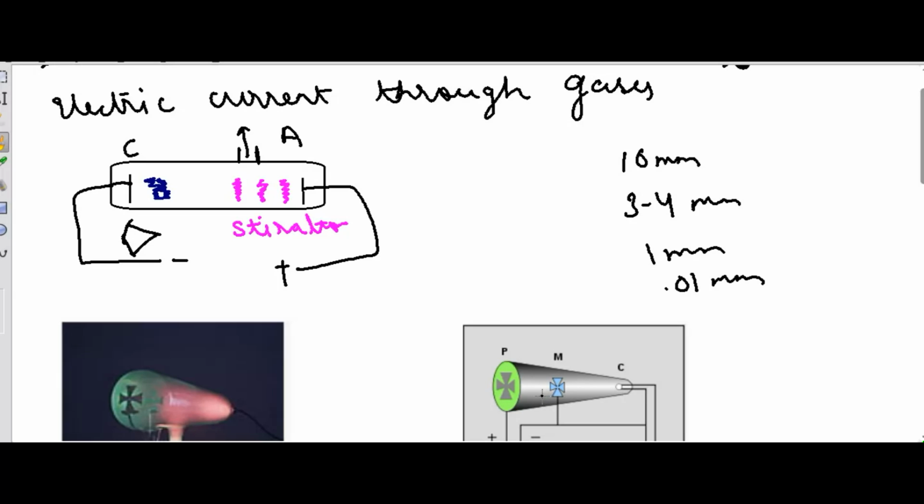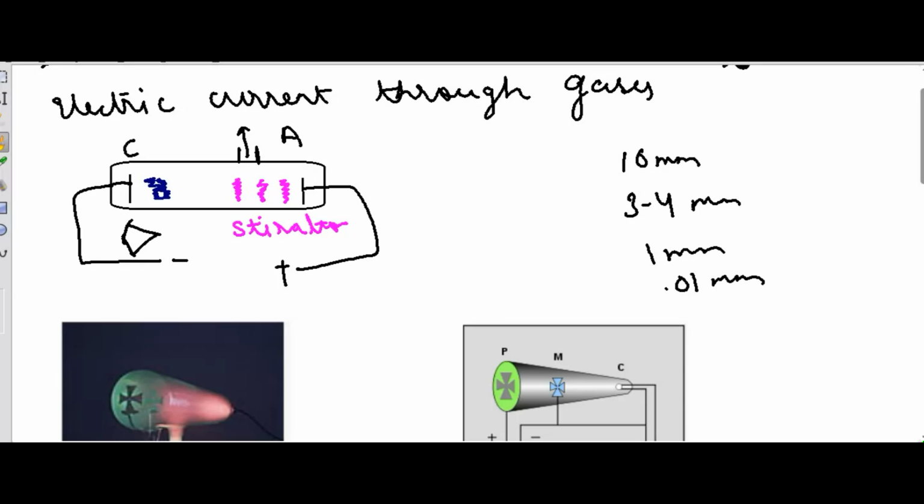Also they have some mass, they exert a mechanical force. So if I place this fan at a proper angle, you will see that the cathode rays are able to move or rotate the fan. So these are some of the basic properties of cathode rays.